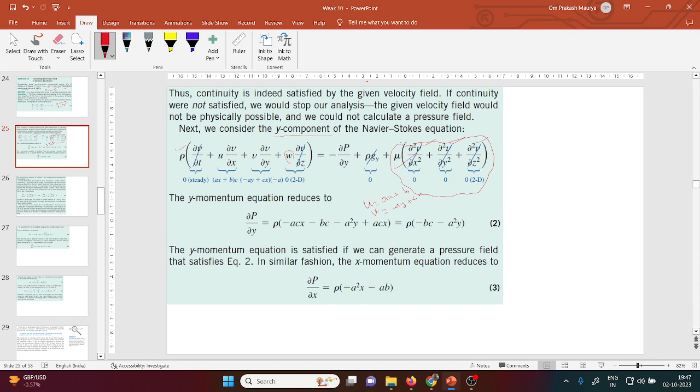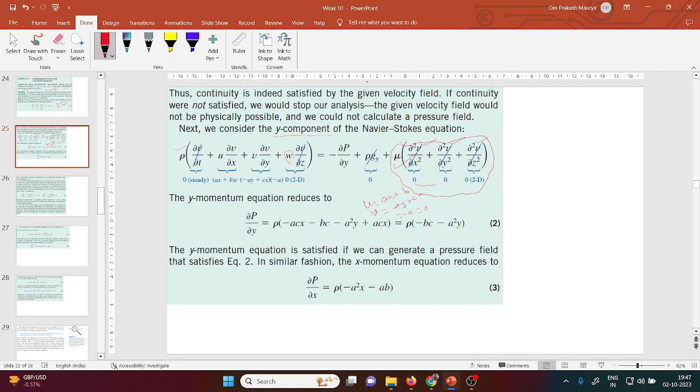If you differentiate this twice, first you get minus a, and if you differentiate again, it will be 0. The similar thing happens with this, so it is 0.